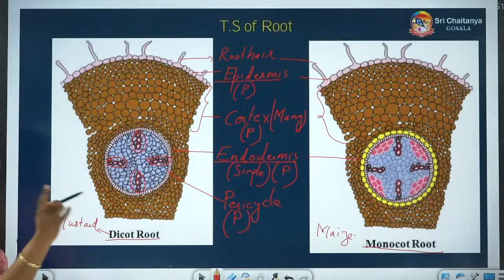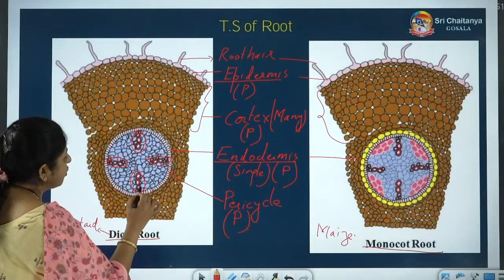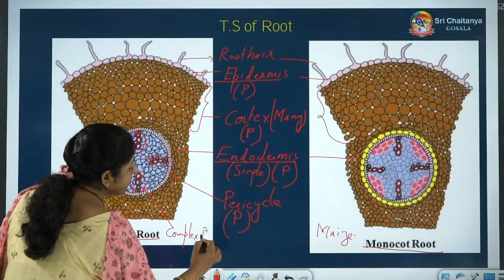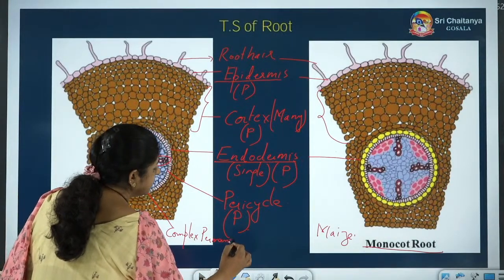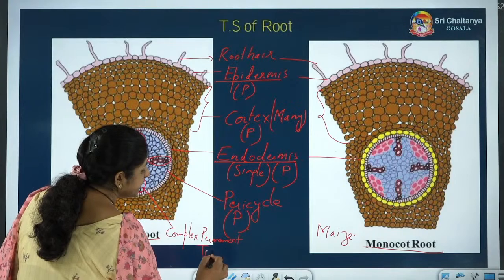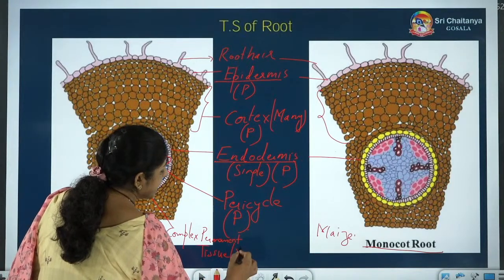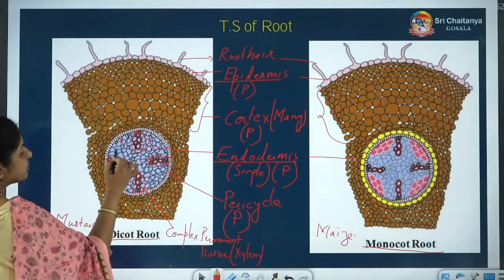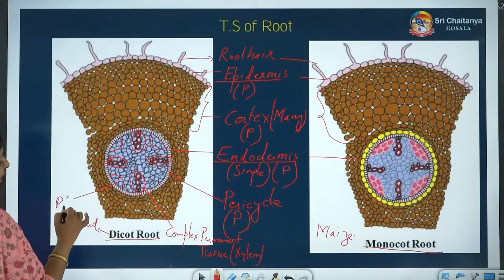So it cannot be a parenchyma. Can I call it a complex permanent tissue? It is a complex permanent tissue now. Which complex permanent tissue is it? It will be xylem. And being a root, can I say at this point what will be there? Phloem will be there. Are you getting?